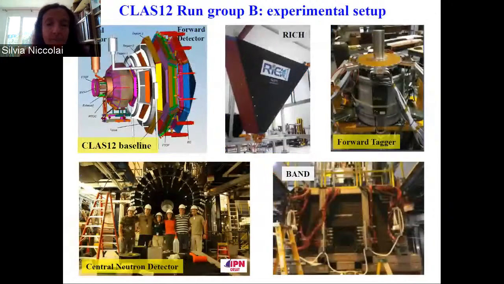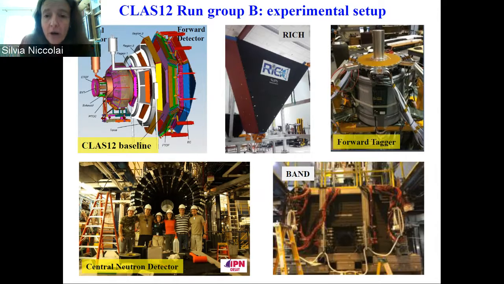So Maxime has given a description of the class 12 detector, so I will just mention the specific extra pieces that were included for run group B. The baseline class 12 setup was also there for run RGA, and so were the reach and the forward tagger, and also the central neutron detector was already installed and tested during RGA.